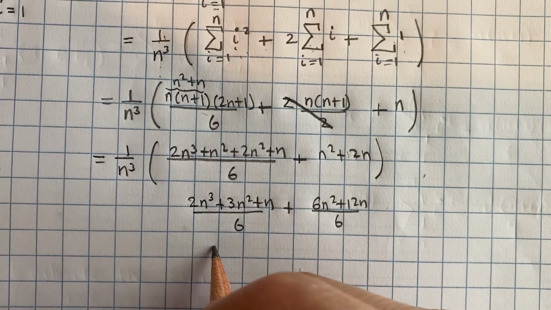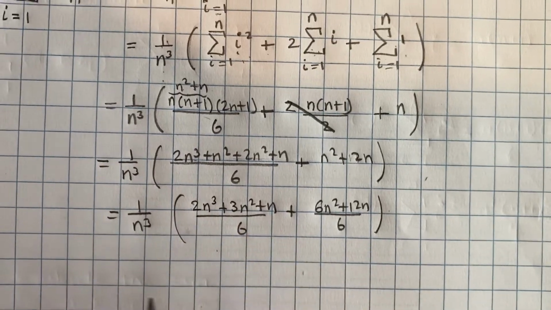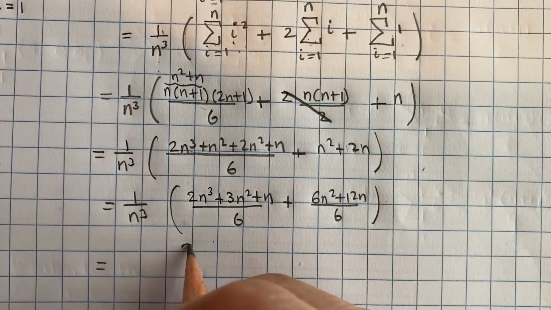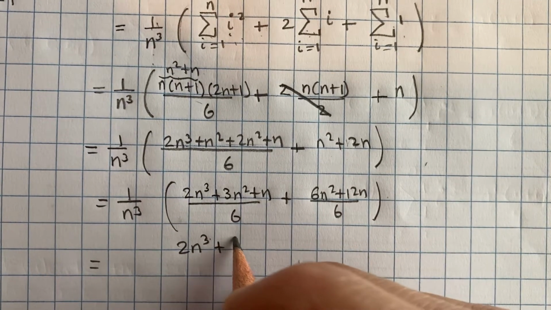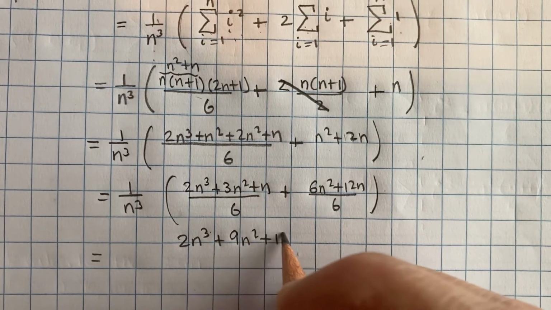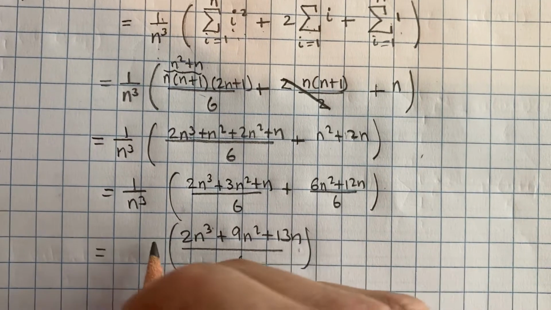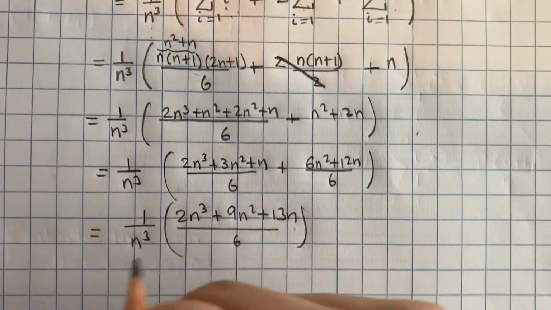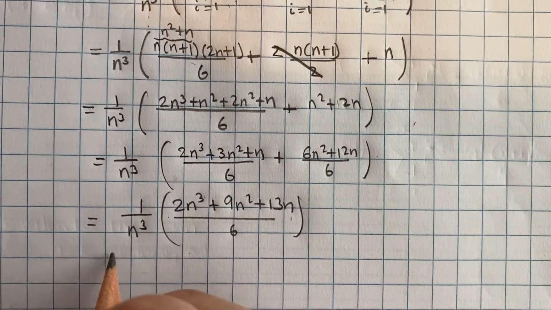You're going to get 2n cubed plus 9n squared plus 13n all over 6 times 1 over n cubed. And this is the part where you can factor out your single n.